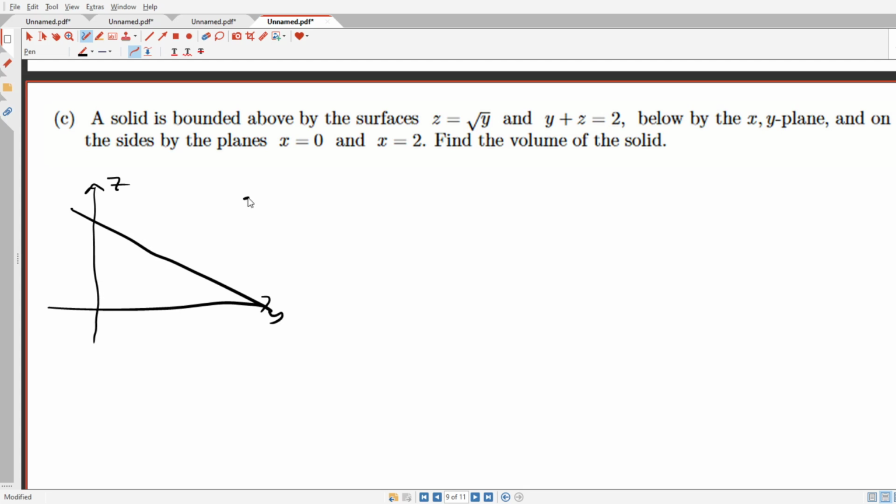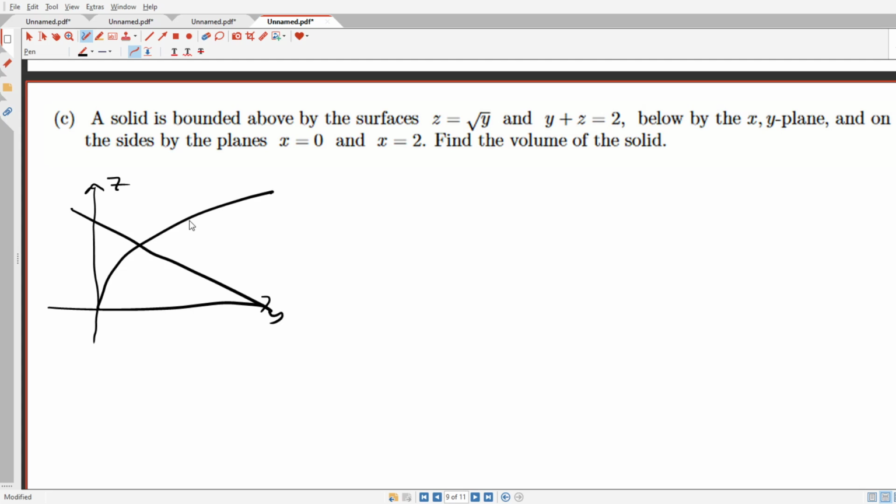Oh, I see. Z equals root y. Below by the xy plane, and on the sides by the plane x equals 0. Well, that's the plane z equals 0, okay. And x equals 2.